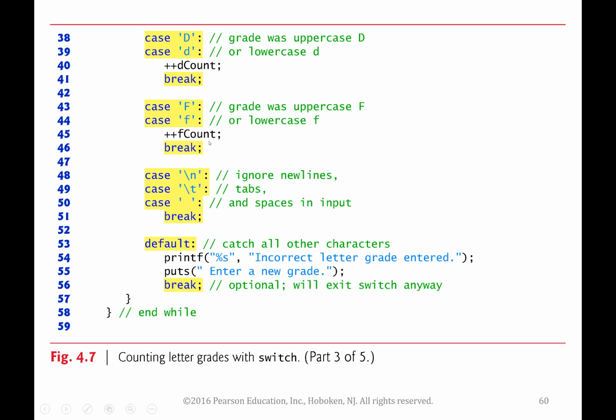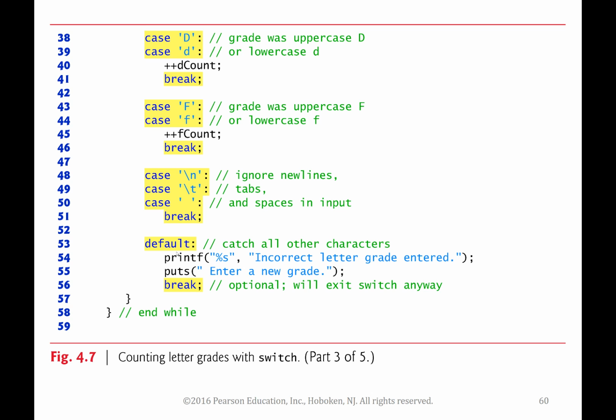And F. Now we also have ignore newlines, ignore tabs, ignore spaces, break. We have a default, which is %s. We're going to print out incorrect grade entered. Please put in a new grade. Then an optional break.